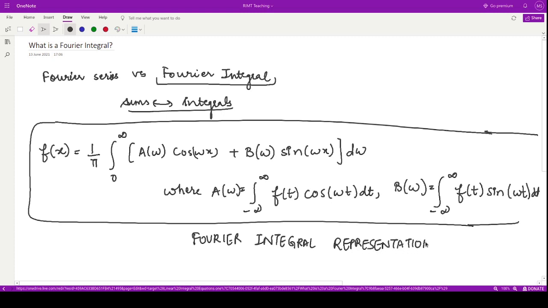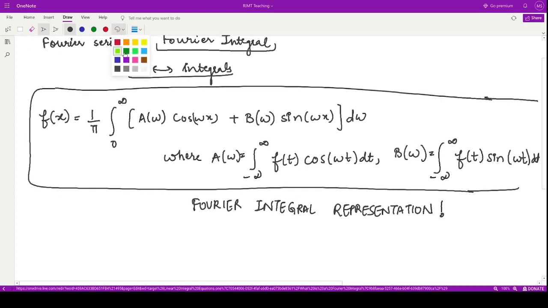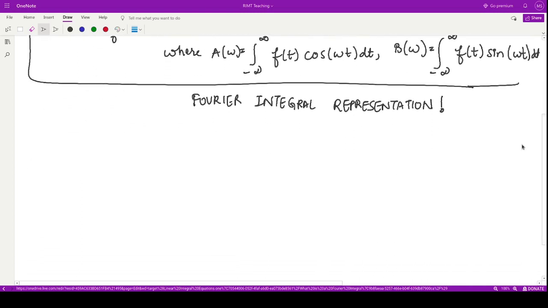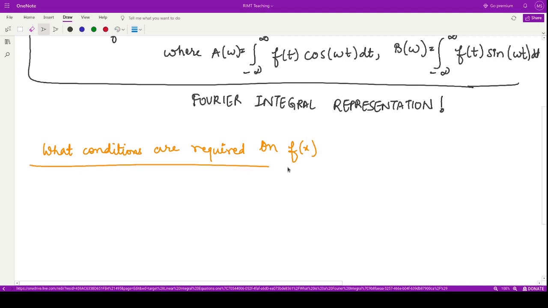Now once you know this representation, let's move on to study where it comes from, what the conditions on f are, and so on. First of all, let me write down what conditions are required on the given function f of x.